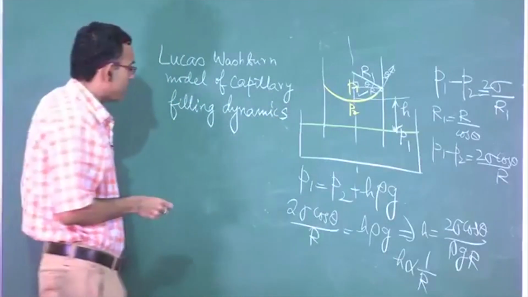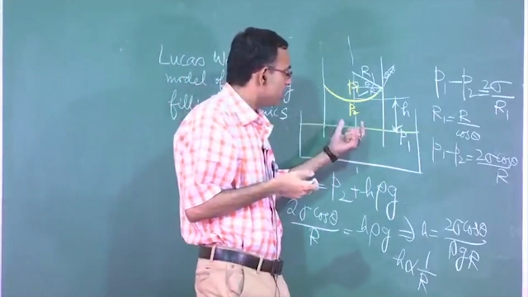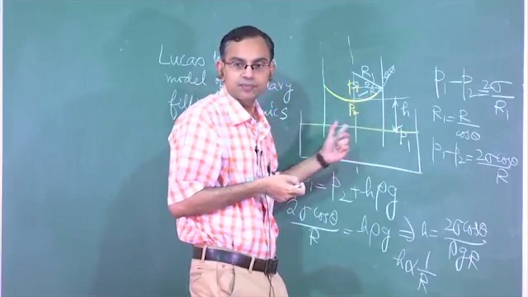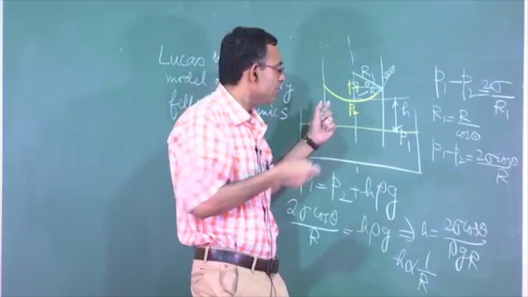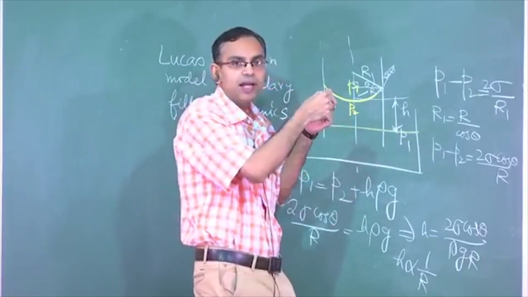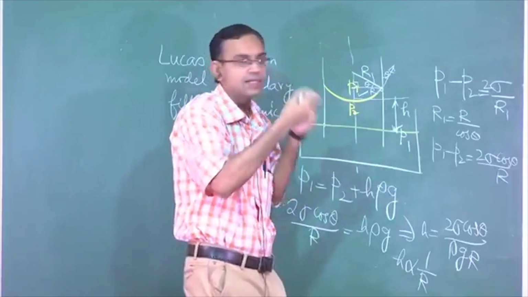So in this model, what we will simply assume is that when the fluid is moving, we are considering it as a lumped mass, and therefore it is just like a point mass moving, and it is acted upon by two forces, viscous and surface tension, and they are balancing each other.